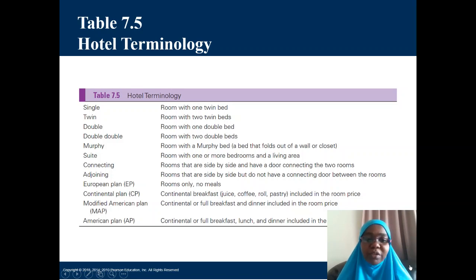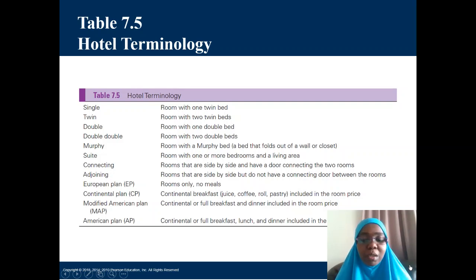We have the modified American plan, which is continental or full breakfast and dinner included in the room price. So the continental or full breakfast are already included in the price of the room. And lastly, we have the American plan, which is the continental or full breakfast, lunch, and dinner comprising or included in the room price.